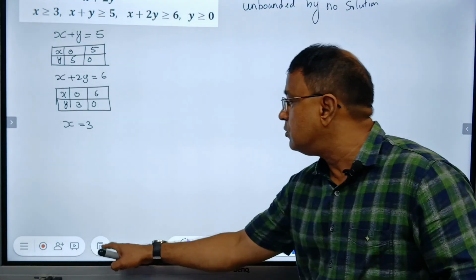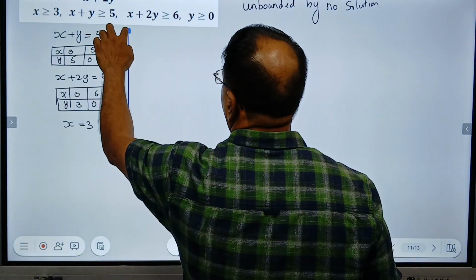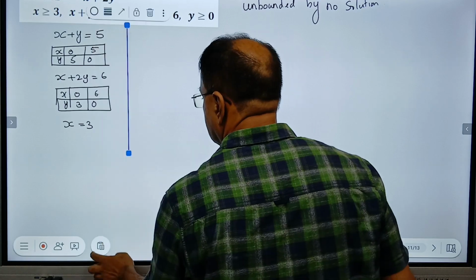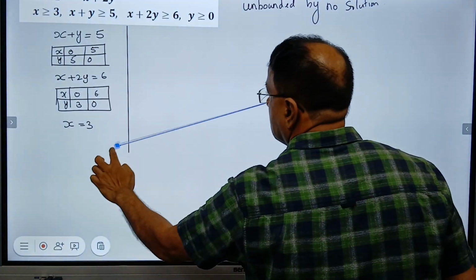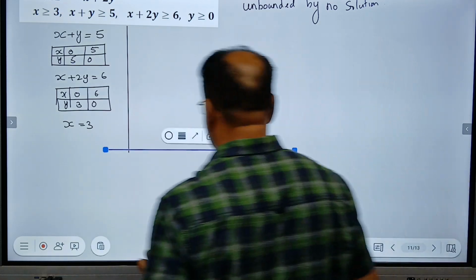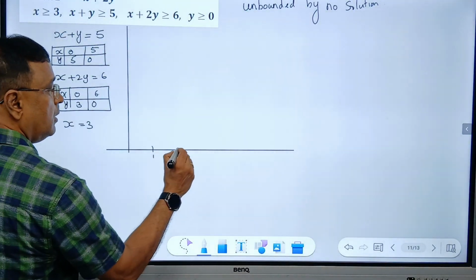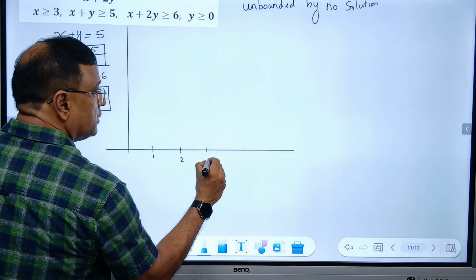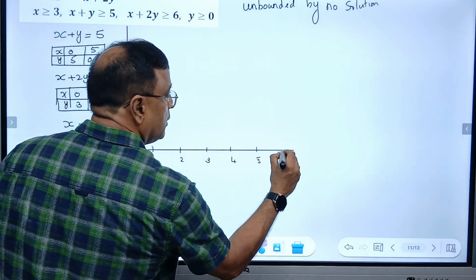So I am going to draw suitably. So this is my x-axis and y-axis. So this is 1, 2, 3, 4, 5 and 6.